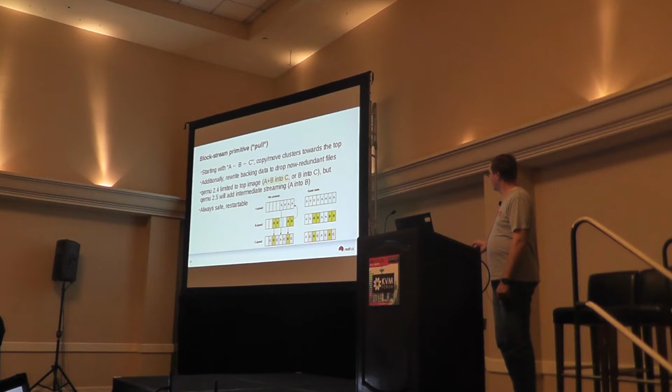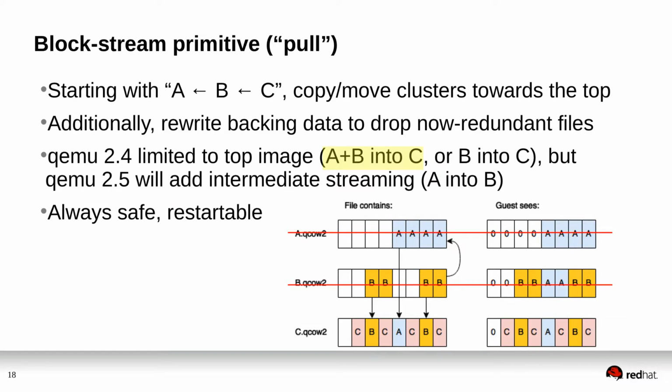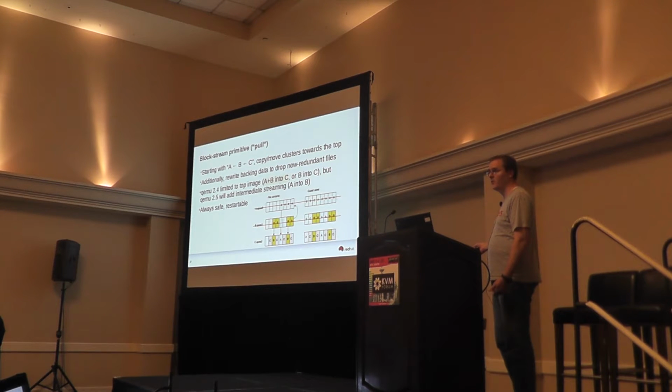So I'll start by taking A and B, take the entire chain and pull it into the top layer. That says I find any cluster that's allocated from the guest view but not allocated in the host, and pull it into the host by copying it from its backing chain. After I've done that, I can throw away files A and B because file C has the same state as it did before, but now we're not relying on our backing chain to provide that state.